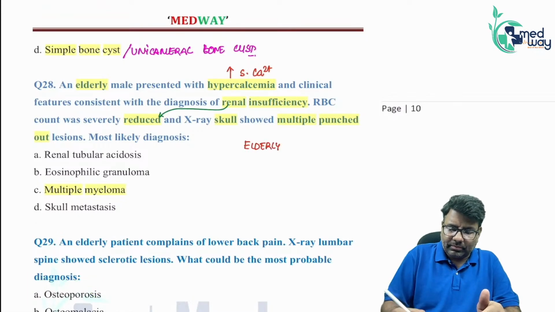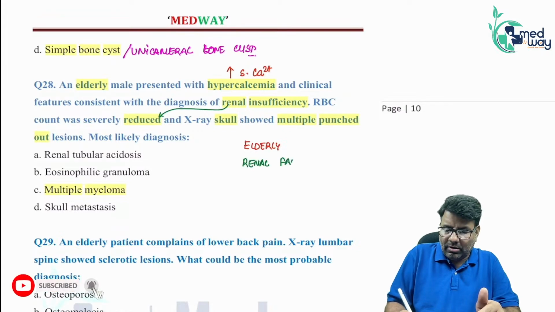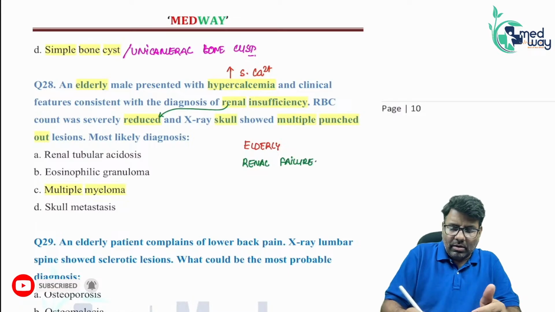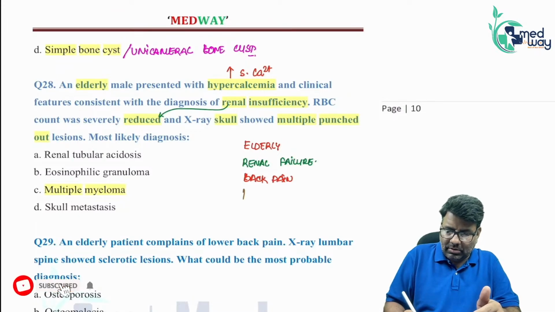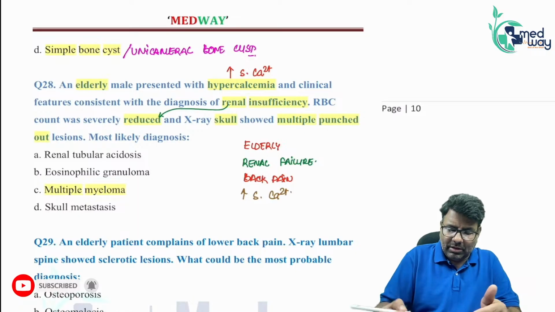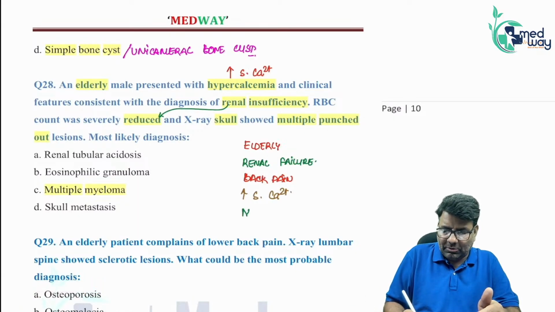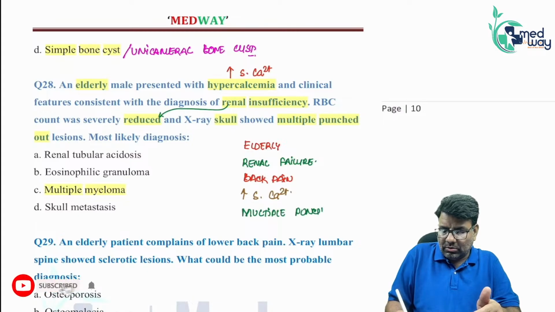There is renal failure. Here, the patient will have back pain. Then there is raised calcium. And yes, if you do X-ray, you will see multiple punched out lesions. Classical presentation.